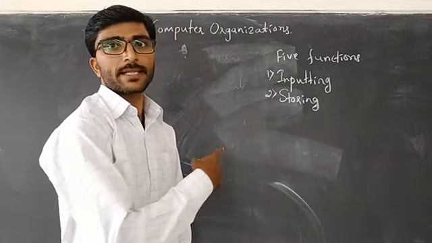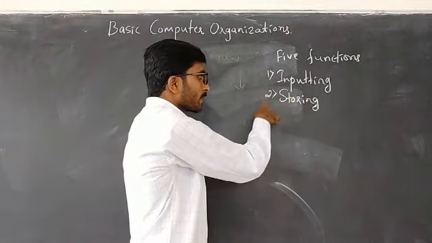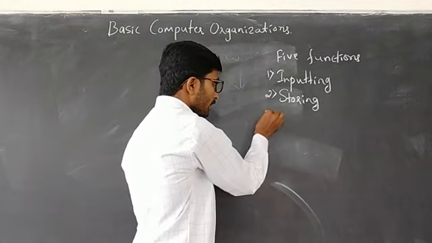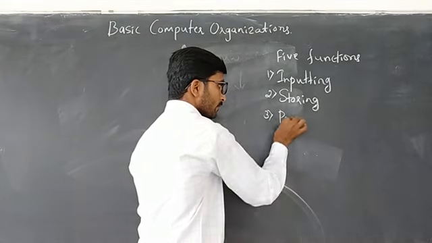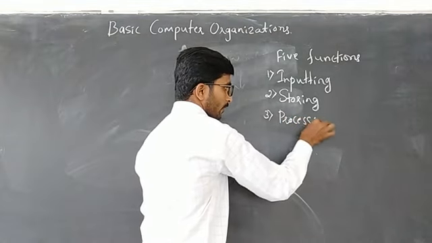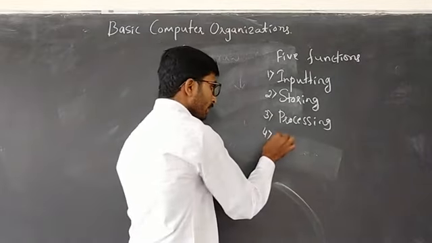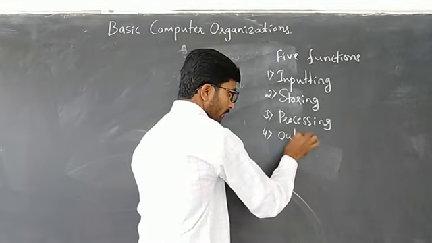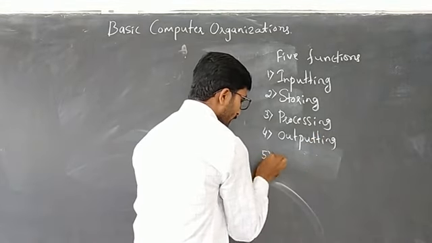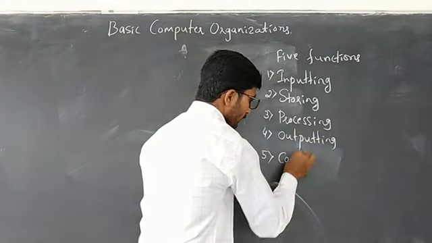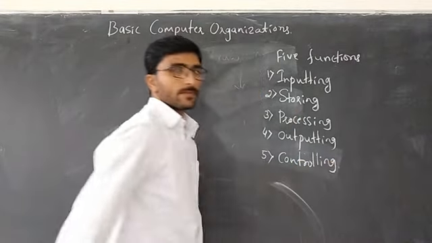The third one is processing, the fourth one is outputting, and the fifth one is controlling.